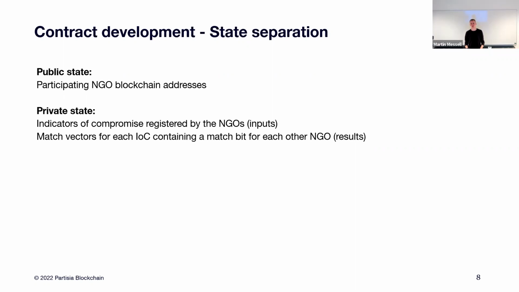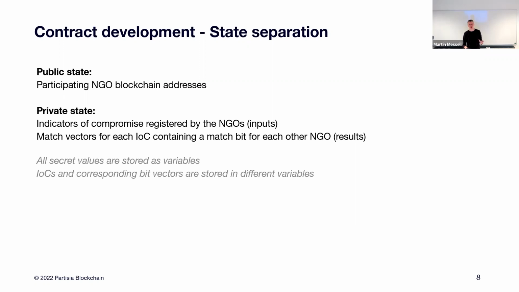So we know exactly who will be inputting these, and we can reject any other inputs. Then we have the information that we want to keep private, which are the indicators of compromise that are registered by the NGOs, so the inputs. And we also have the match vectors for each IOC, which contains the match bit for each of the other NGOs, which is the result of this computation.